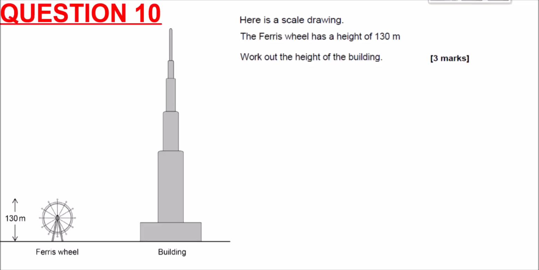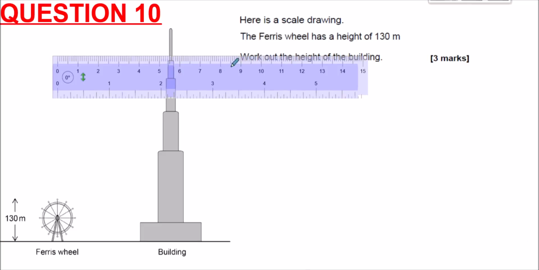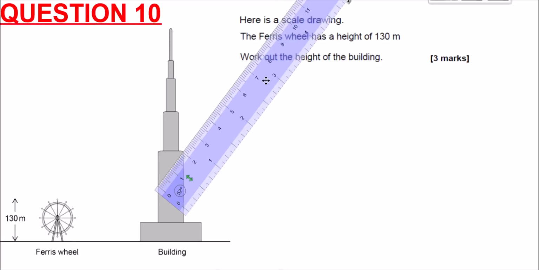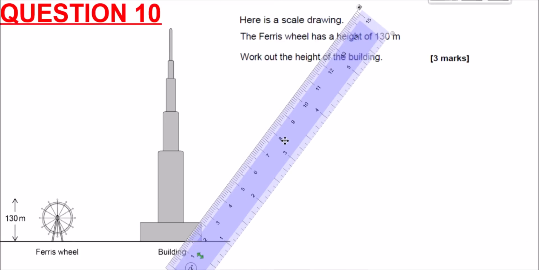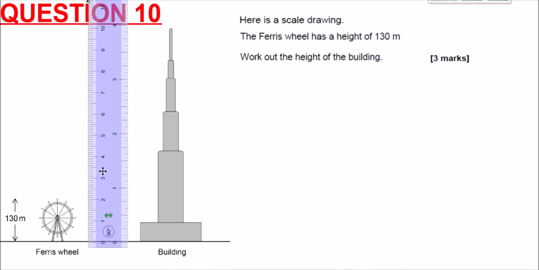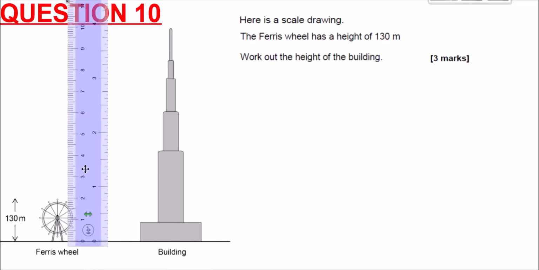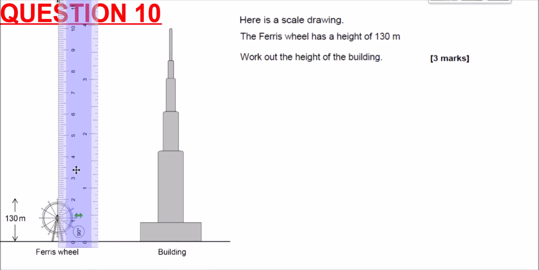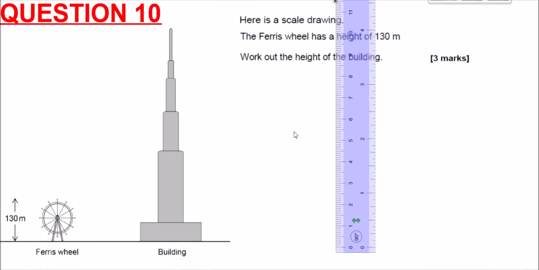But according to my measurements, we need a ruler for this one. If you measure this Ferris wheel, you should find that the Ferris wheel, I think anyway, is almost exactly 2 centimetres. So in terms of measuring on your exam paper, the Ferris wheel should be about 2 centimetres.